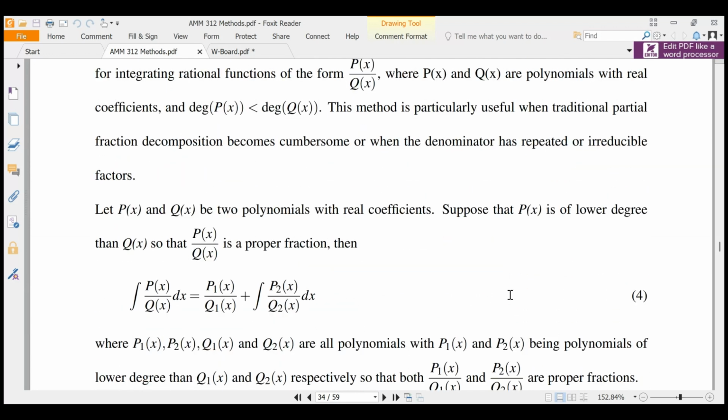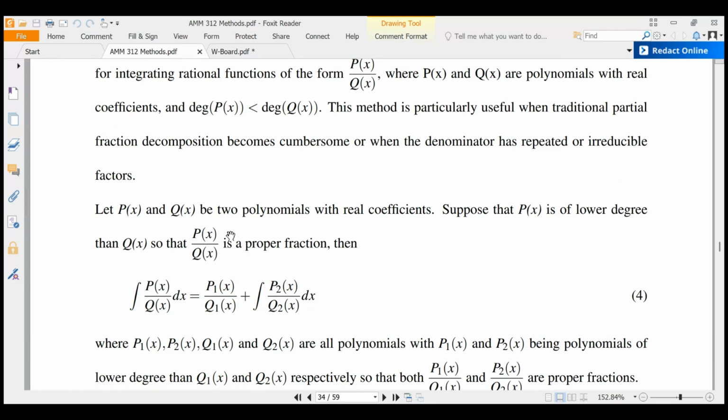So the method can be stated as follows. Let p of x and q of x be two polynomials with real coefficients, and suppose that the degree of p of x is lower than that of q of x, so that p of x divided by q of x is a proper fraction.